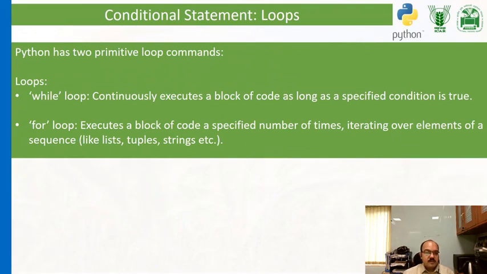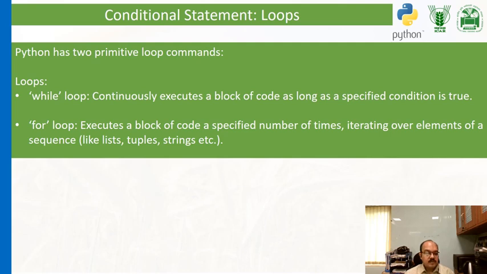Then we use conditional statements in case of loop structure in the Python programming. So Python basically has two primitive loop commands. One is while loop and another is for loop. This while loop basically continuously executes a block of code as long as a specified condition is true.